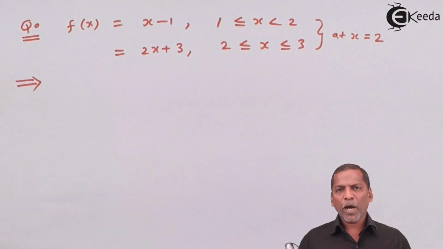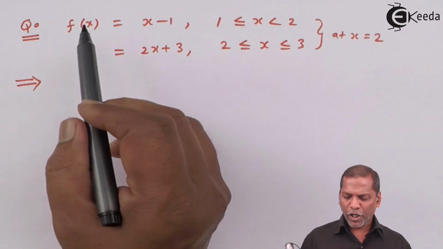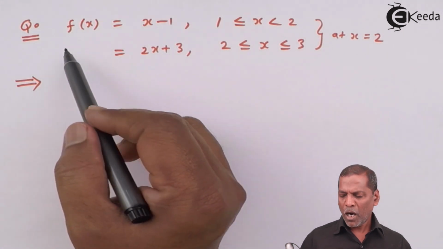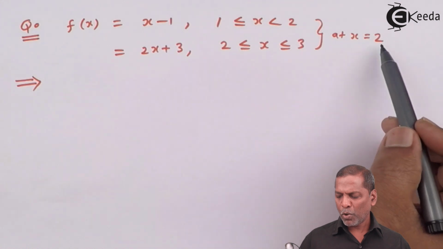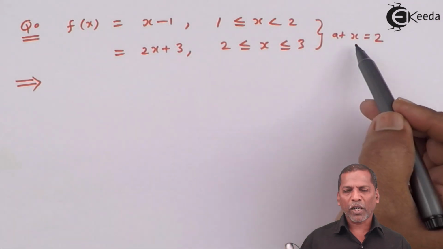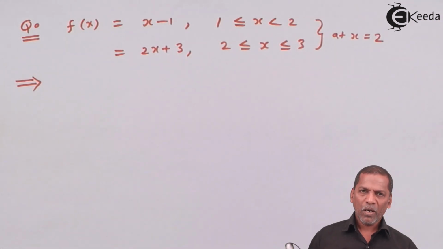It means here we have to check whether the given function f of x is continuous or not at x equal to 2. If it is discontinuous, then whether the discontinuity is removable or not at point x equal to 2. Now let's see the solution.